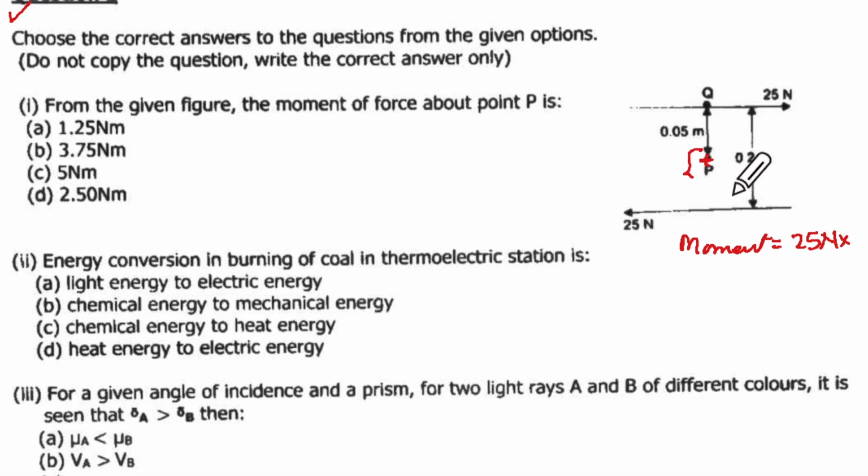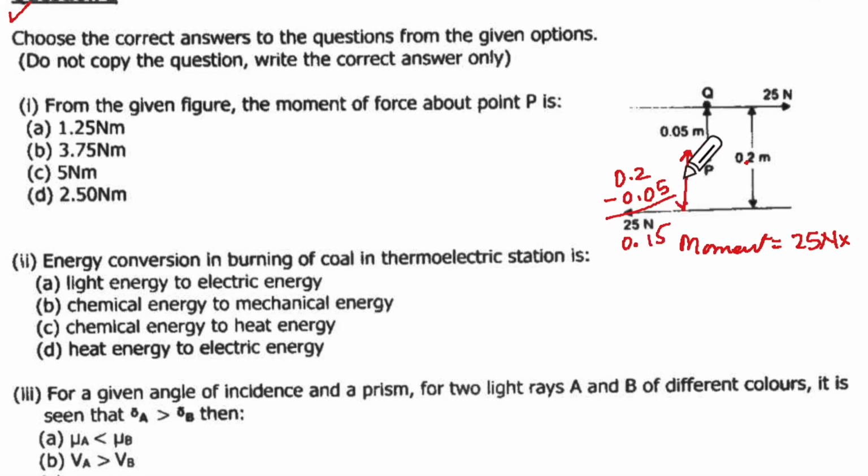plus this. No, one second. I can't see this properly. There are two dots over there for P. There is one dot here. This is 0.2 meter, right? Yes, ma'am. Even if you say this is 0.2 minus 0.05, how much will it be, tell me? 0.15, correct?